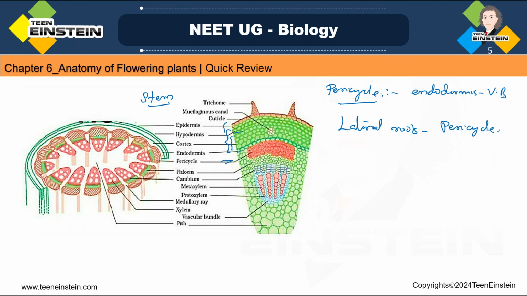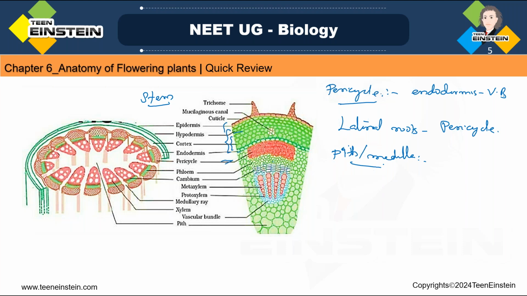Next comes the pith or the medulla. Up to this portion we covered the region between the endodermis and the vascular bundle. The next region is the pith or medulla. That is the central portion in dicot stem and monocot root. Generally we are marking the regions.